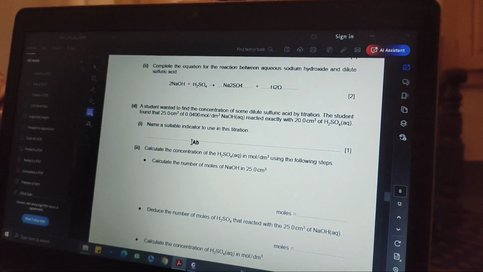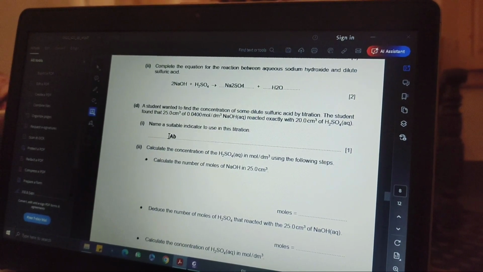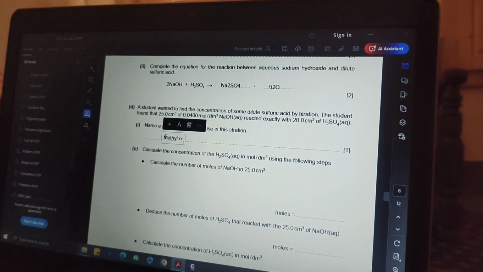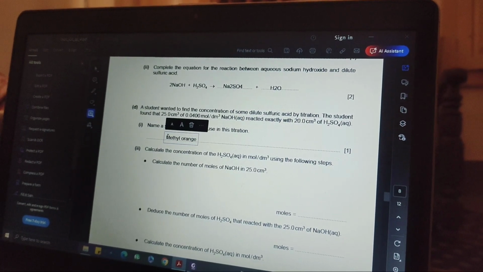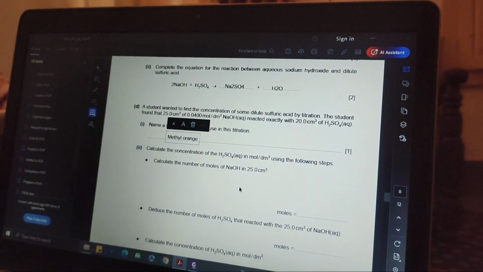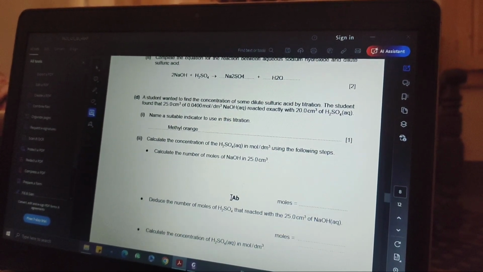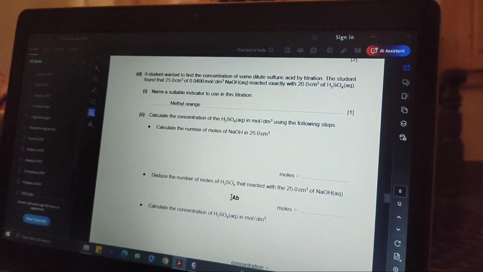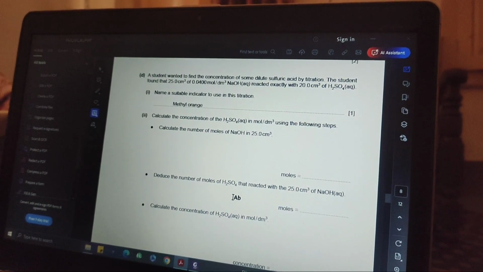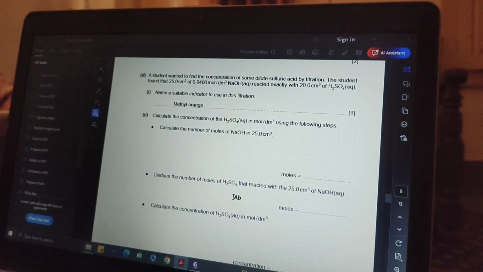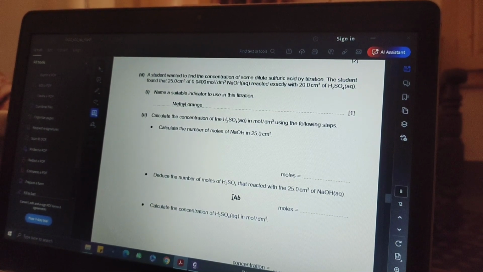So we can just say methyl orange. Second part is to calculate the concentration of the H2SO4 in mole per decimeter cube using the following steps. So calculate the number of moles of NaOH in 25 cubic centimeters.